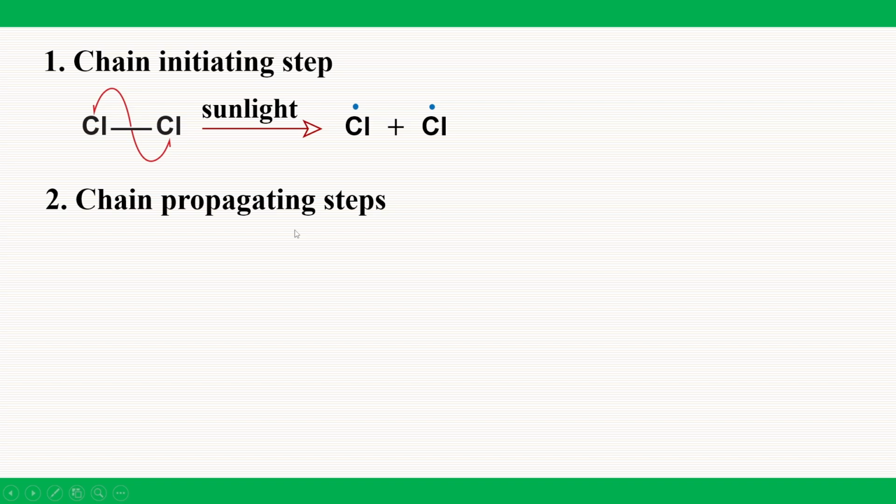We can now see what happens here. This is a CH4 molecule. It has 4 CH bonds. A chlorine free radical formed in the previous step attacks this CH4 molecule.